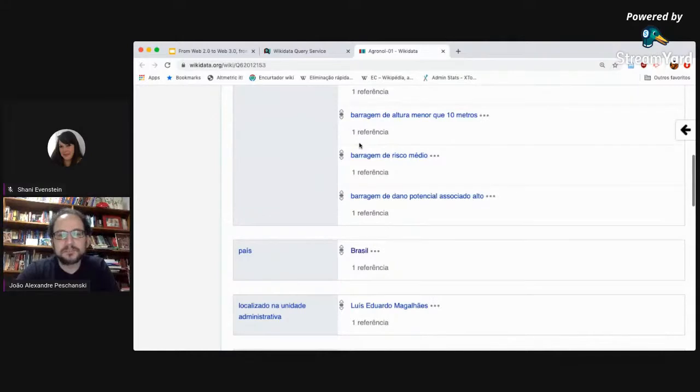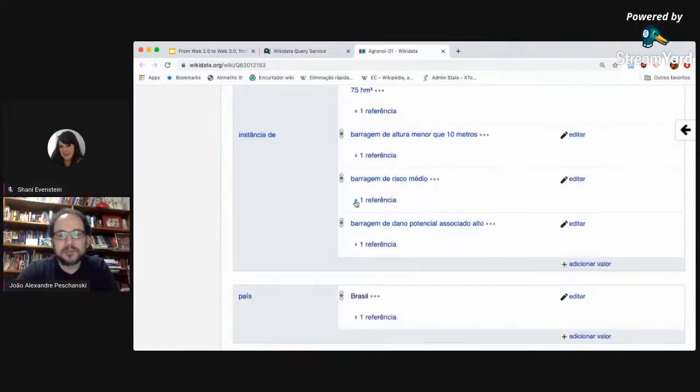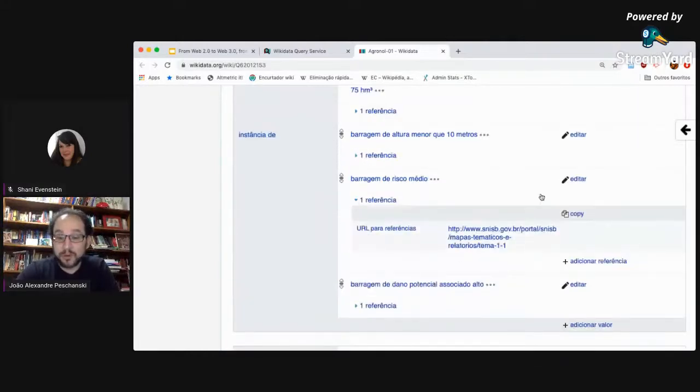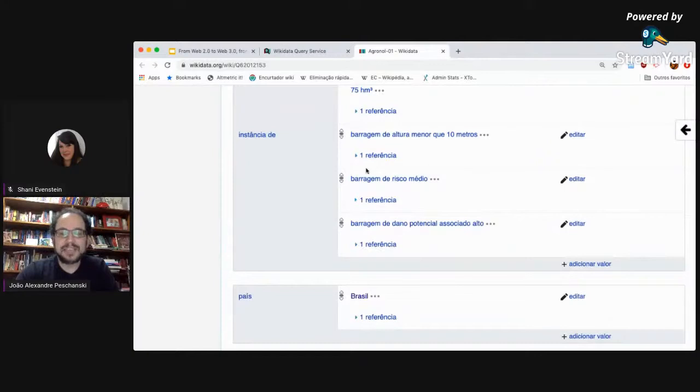So this one, based on one reference, which is basically the government itself, based on a map, was assessed as medium risk of accident. But if an accident happens, the damage that will be incurred is very high.